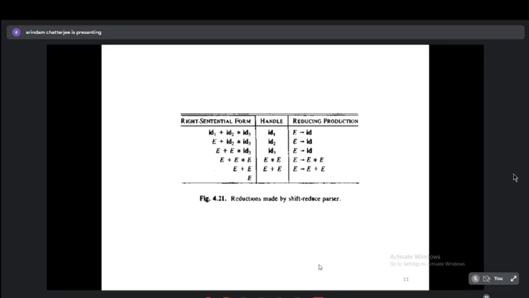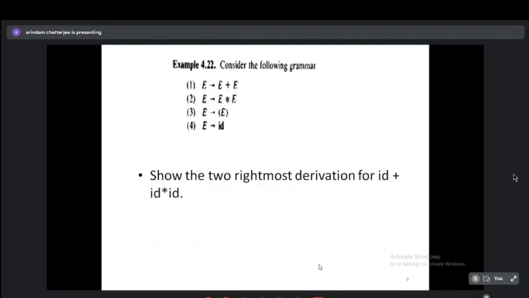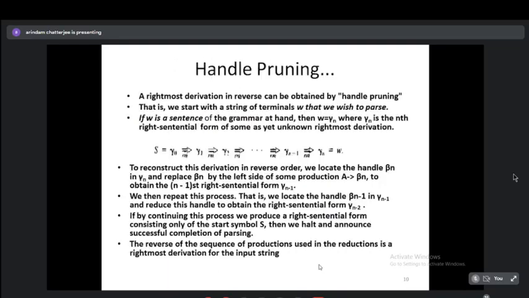Now, in this right sentential form, you can say that your handle is ID1, and if you look at the grammar, the production rule is E producing ID.